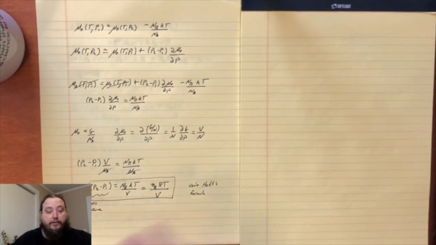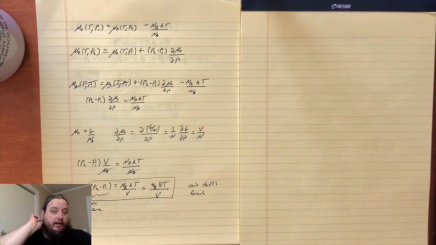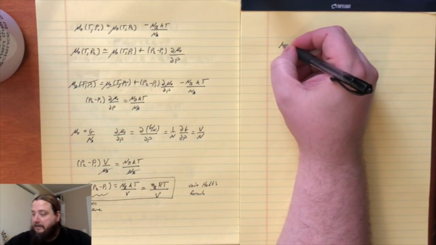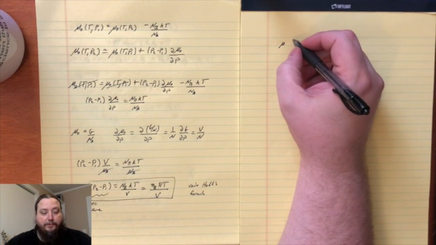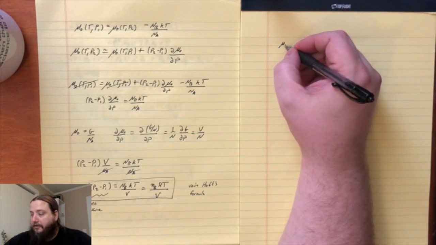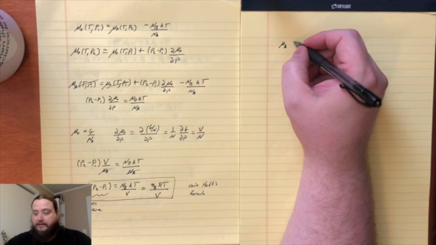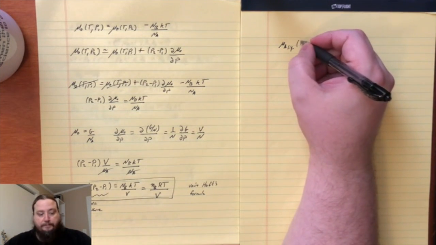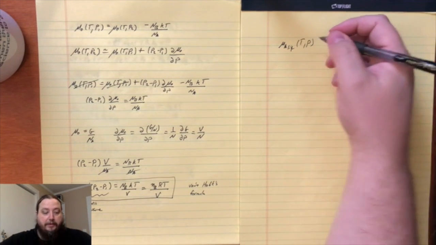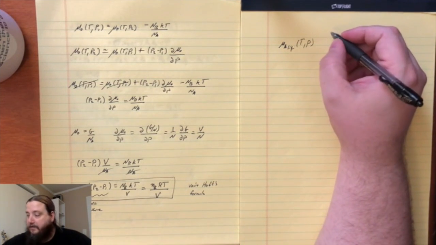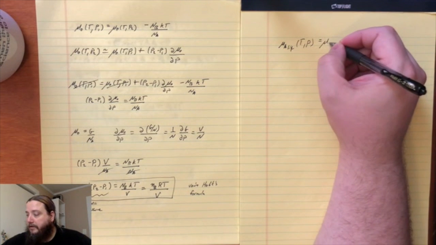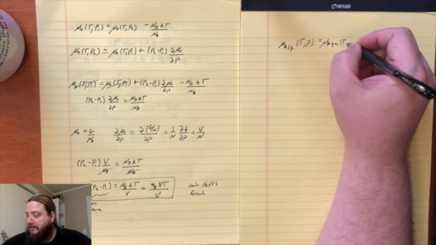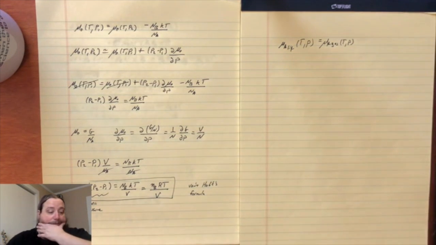Right at the boiling point, the equilibrium condition is that the chemical potential of our solvent in the liquid phase at T and P is going to be exactly equal to the chemical potential in our gas phase at this boiling point.